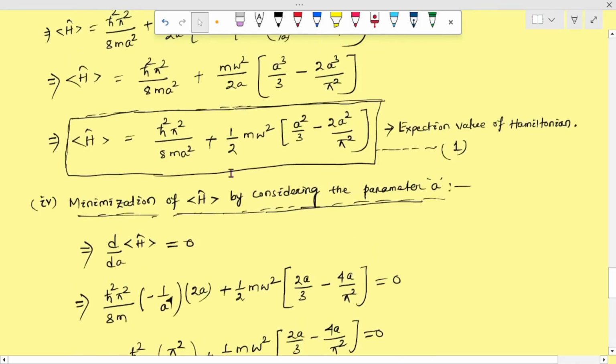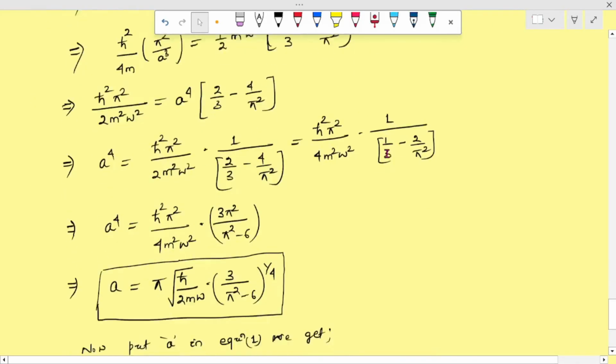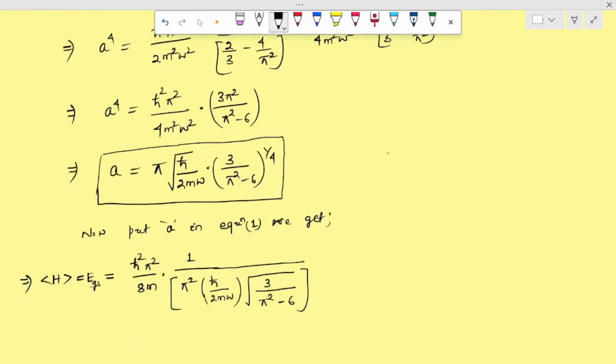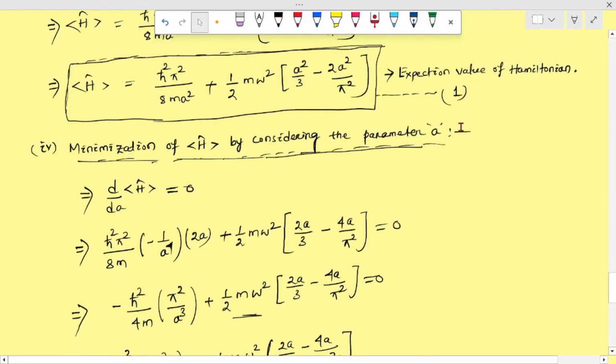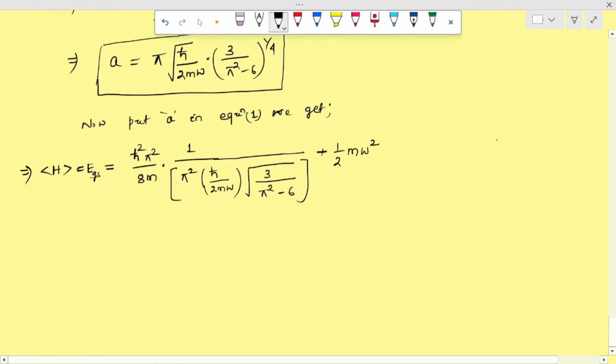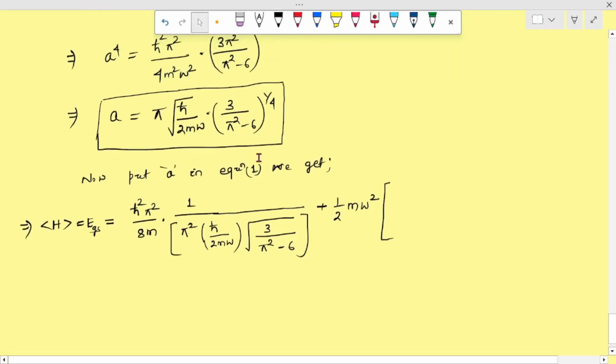Second term, in the second term here half m ω² is there. First just write plus half m ω², then in bracket a² by 3, bracket starts. a² means this value itself, we have to write this value by 3.